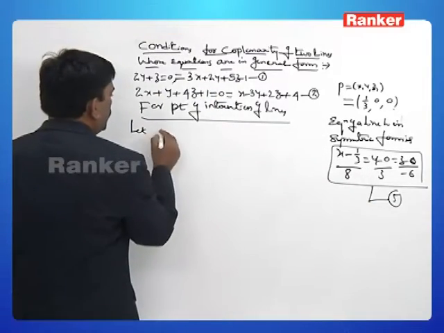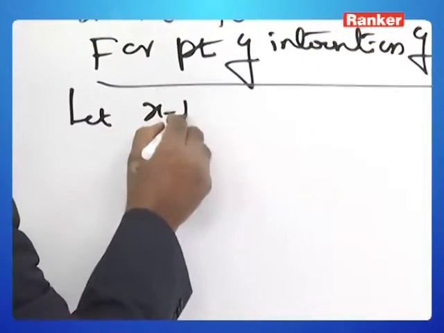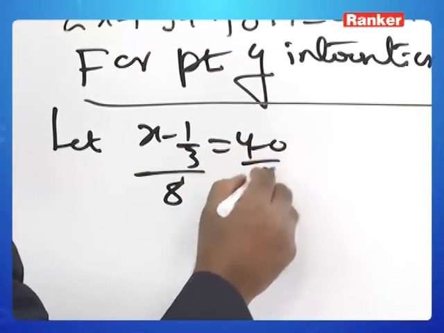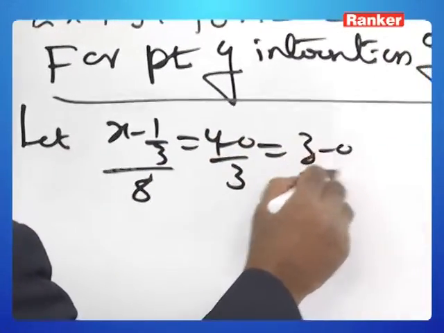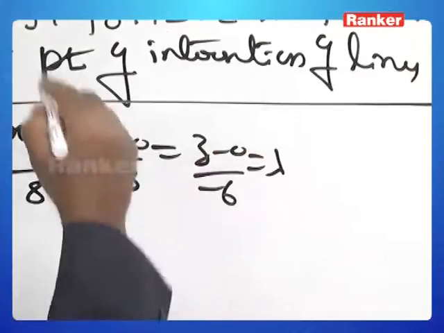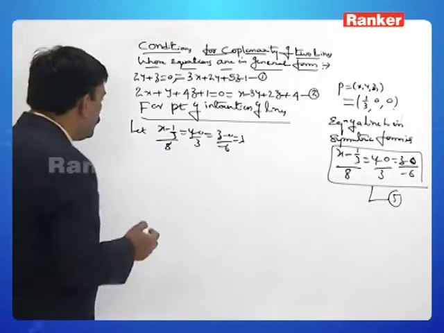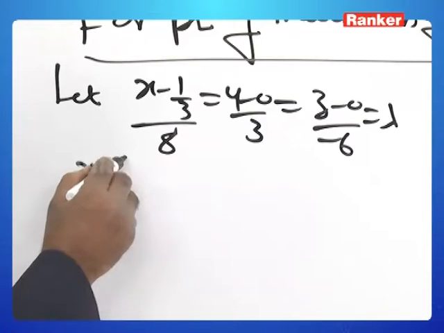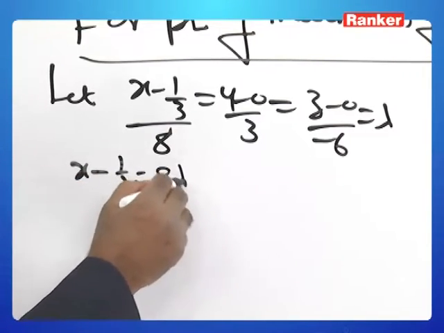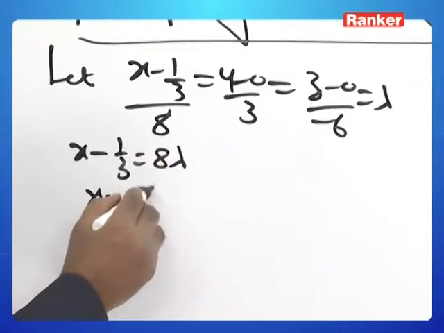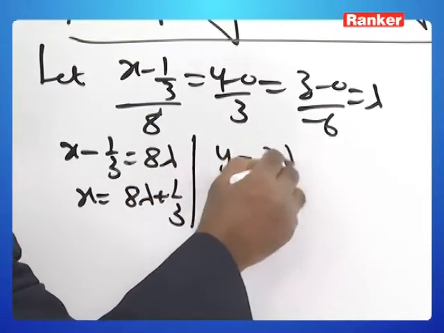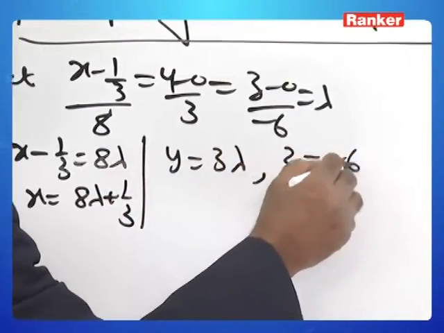So let (x minus 1/3) by 8 is equal to (y minus 0) by 3 is equal to (z minus 0) by minus 6 is equal to lambda. Right? So I can write x minus 1/3 is equal to 8 lambda. Therefore x is equal to 8 lambda plus 1/3. Next y is equal to 3 lambda. Next z is equal to minus 6 lambda.